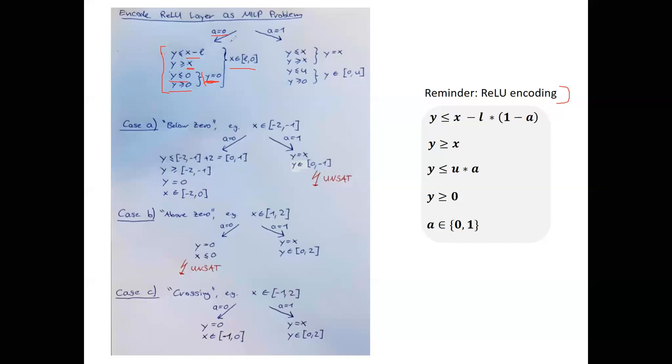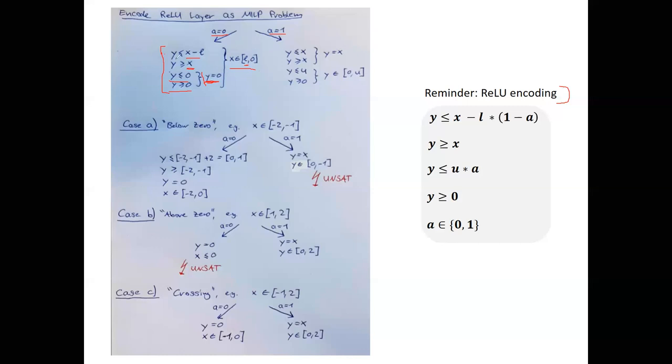Okay, so now let's look at the case a equal to 1. But one thing before we do, you can already see from a equal to 0 that if this L over here is a positive number, for instance if L is 5, it would say that x has to be greater than or equal to 5, and x has to be less than or equal to 0, so this would be unsatisfiable.